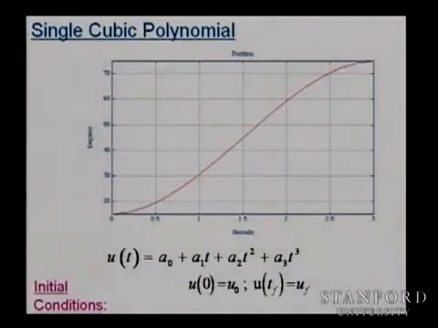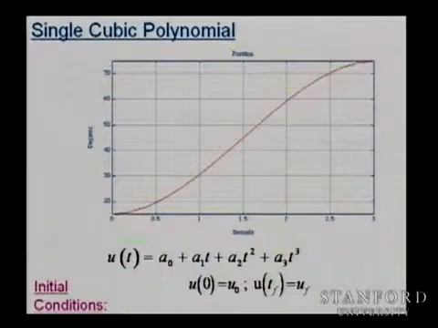Typically, we'll have as initial conditions some starting point and some ending point, right? Those things will be given. Where do we start the motion, and what is the position for each of the intermediate points and the goal point where we want to go.